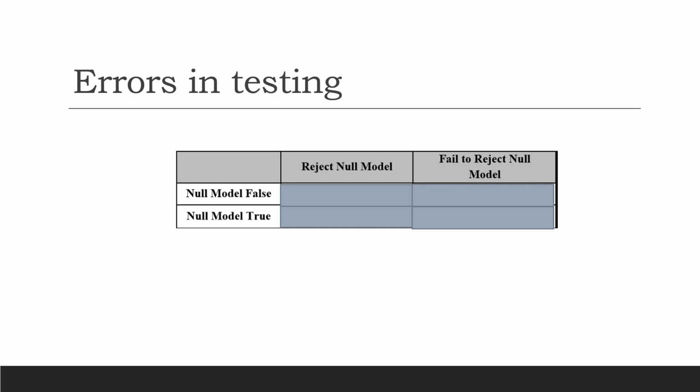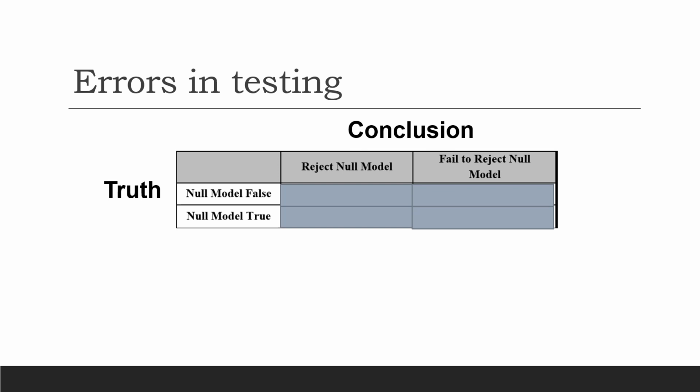First of all, we need to remember that when we draw a conclusion of a hypothesis test, we will either reject the null hypothesis or fail to reject it. And then, of course, there's reality. The truth is that either the null model is false and the alternative is true, or that the null model is true.